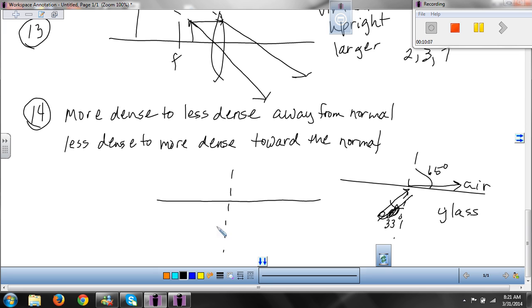So let's say that's going from air to glass. It's coming in, I'm not doing a very good job, 55 degrees, let's say. And this will be something like that, and it's 38. It'll be smaller. Okay.